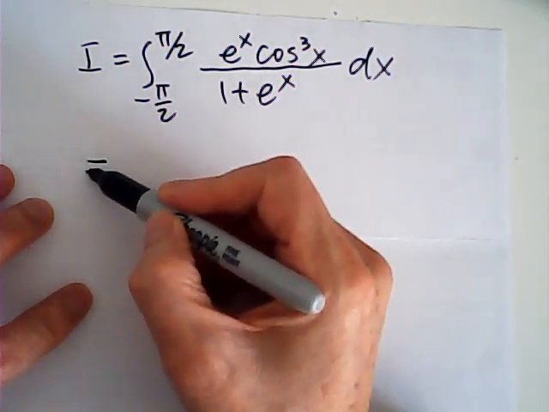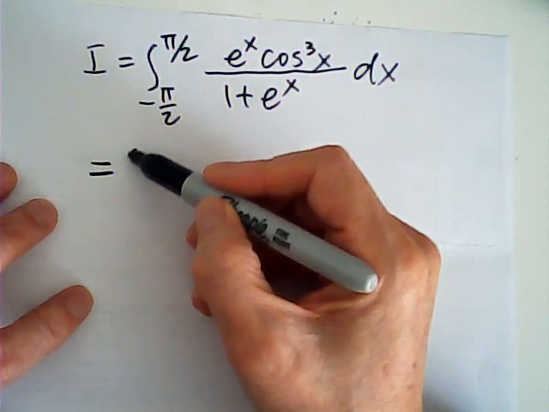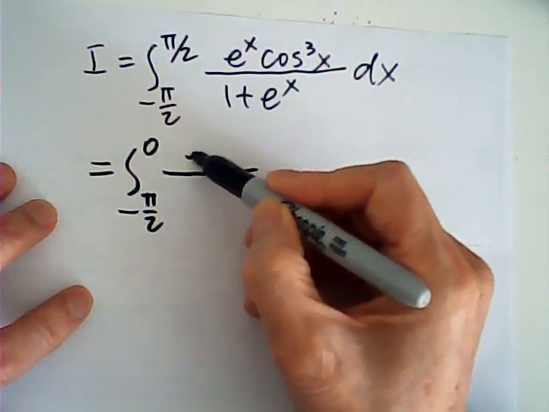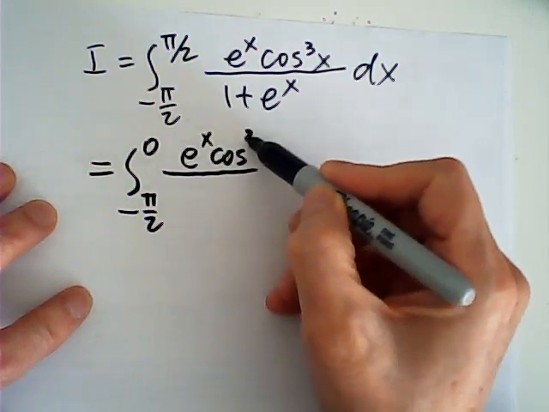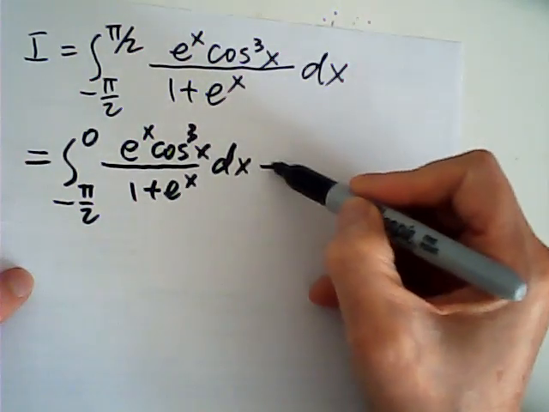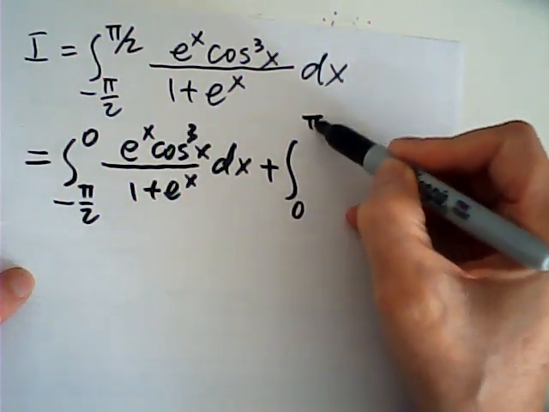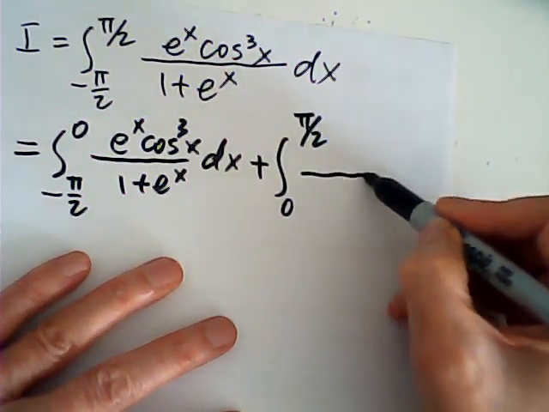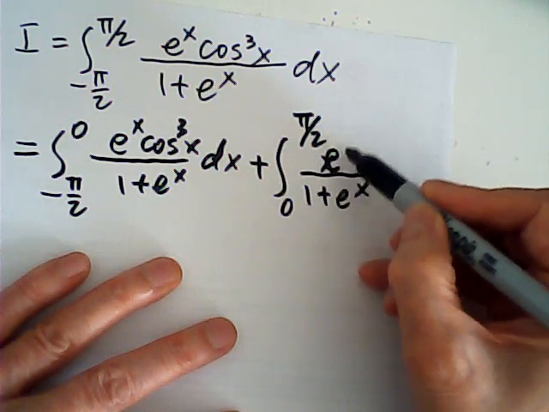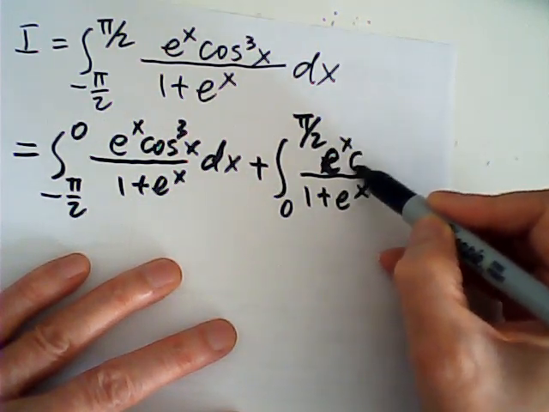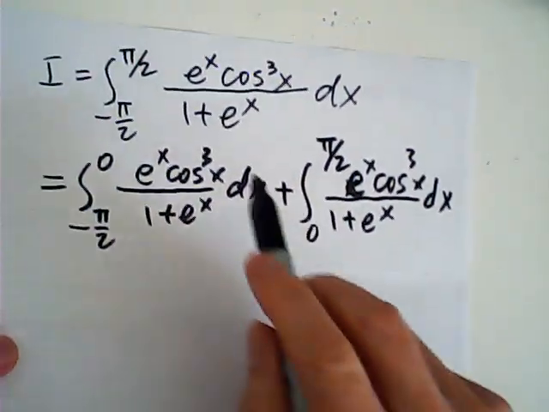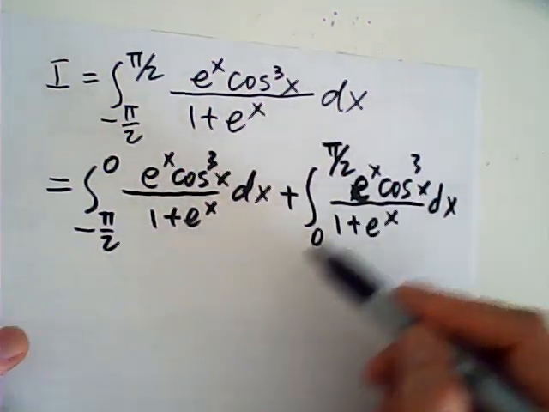What I'm going to do is split this integral into two parts: from negative half pi to 0 of e to the power of x cosine cube x dx over 1 plus e to the power of x, plus from 0 to half pi of the same integrand. All right, I just split this integral into two parts.